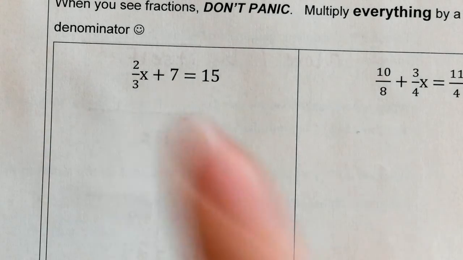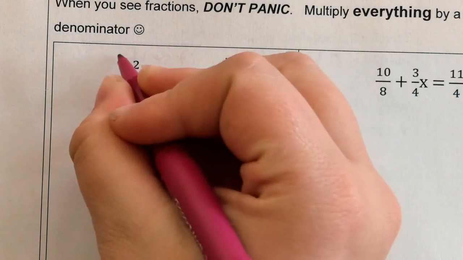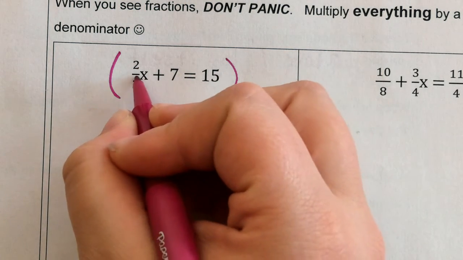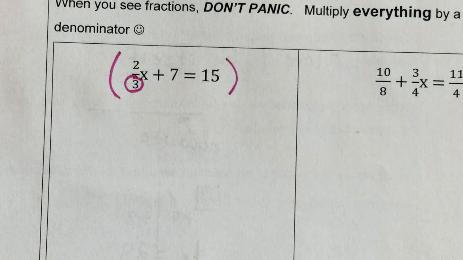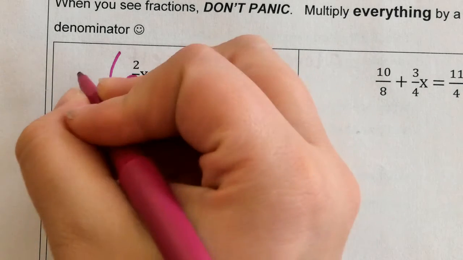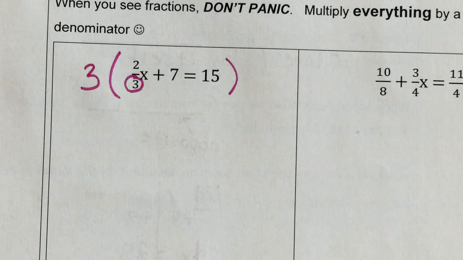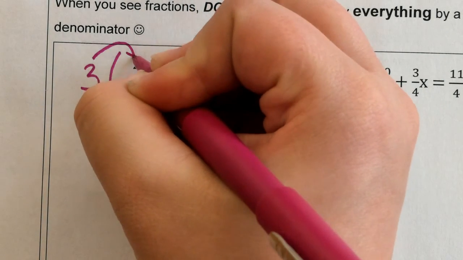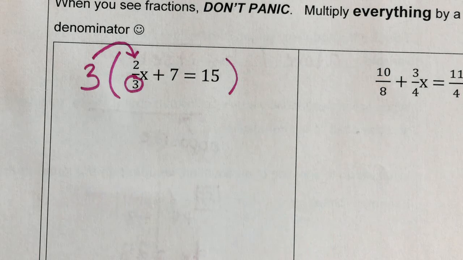For example, we're going to end up multiplying this entire equation. When I look here, oh, there's only one denominator because there's only one fraction. Since the denominator is 3 and there's no other fractions, our common denominator is 3. So now we're going to multiply. 3 times 2 divided by 3.